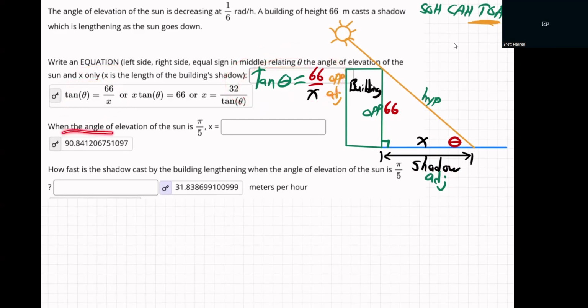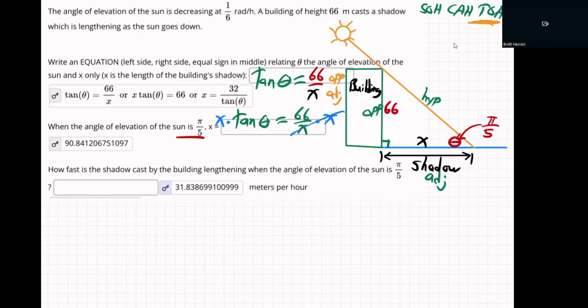Step two, when the angle of elevation of the sun is pi over 5, so when this angle right here becomes pi over 5, what is x? How do we find x? Well, if I take that little equation, tangent theta is 66 over x, and I multiply both sides, I'm trying to solve for x, right?